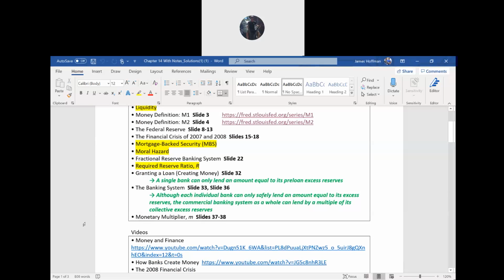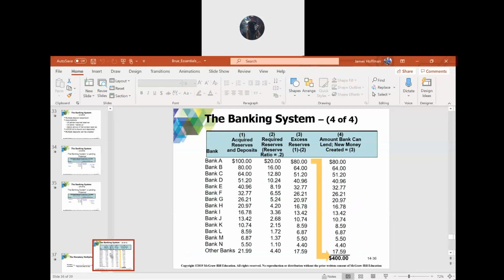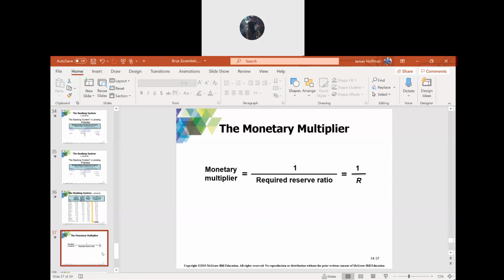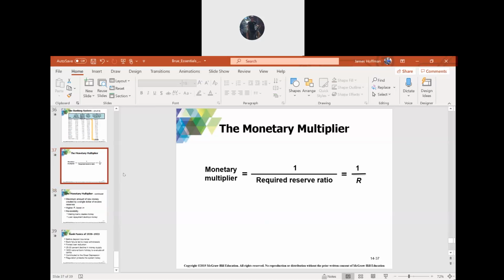Okay, so this leads us to the monetary multiplier, little m, on slides 37 and 38. The monetary multiplier is defined exactly as 1 divided by the required reserve ratio.